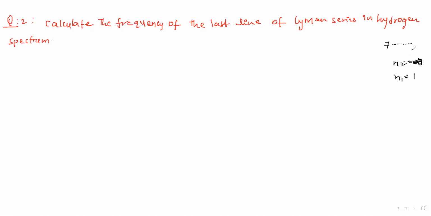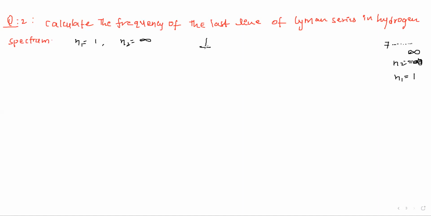Infinity means 0. So here the N1 value is 1 and N2 value is 0.